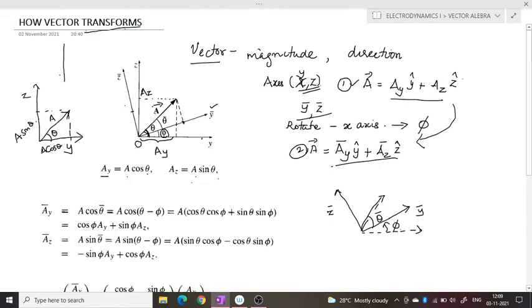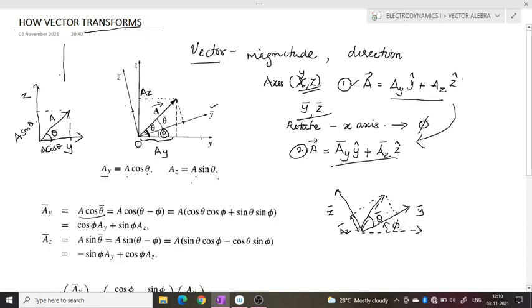Okay, so what are the components? This is Ay dash, this component, and this component on the z axis is nothing but Az dash. Now we can try to find out what Ay dash and Az dash are. So what is Ay dash? Ay dash is nothing but A cos theta dash.